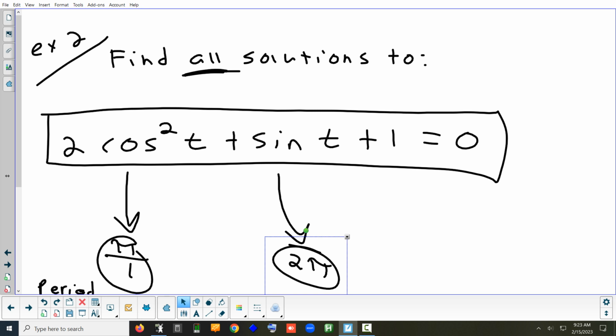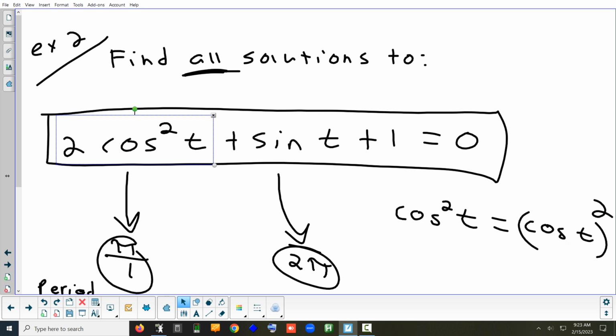Well, when you see something like cosine squared t, this notation is not something you can put in on a calculator. This is a notation that you only see when people write it on paper. What this notation means is this. Cosine squared t means to take cosine and raise it to the second power. So why do people put the 2 in the middle? Because it's less writing on paper.